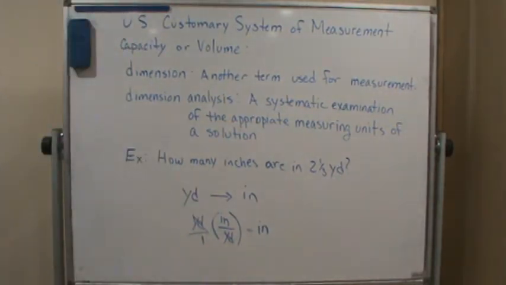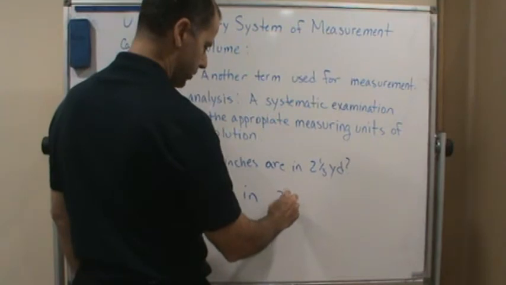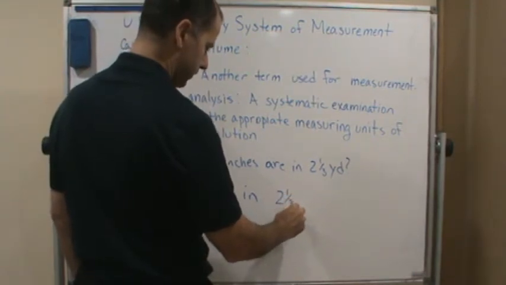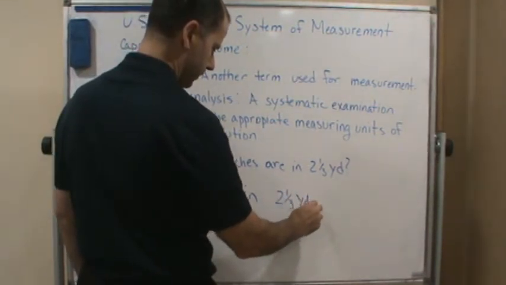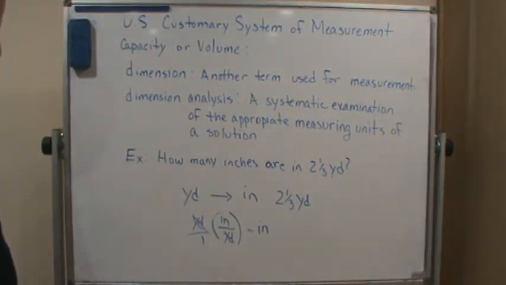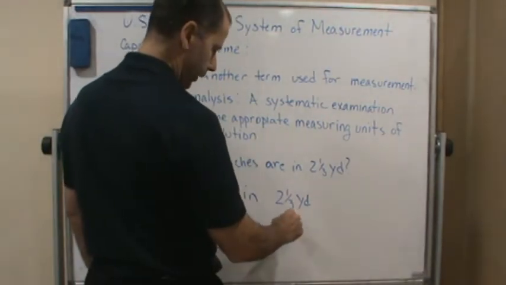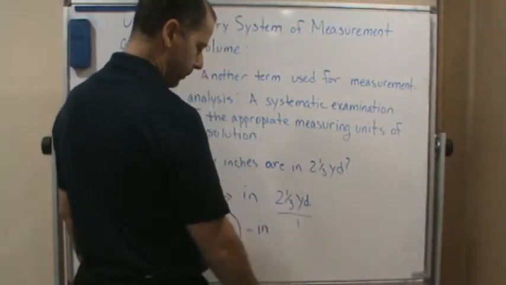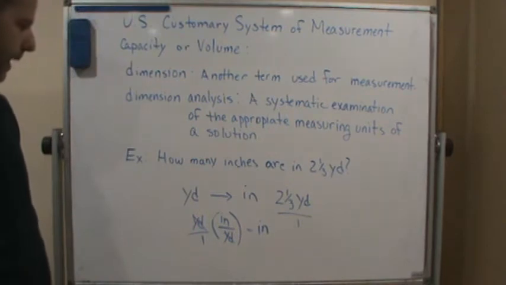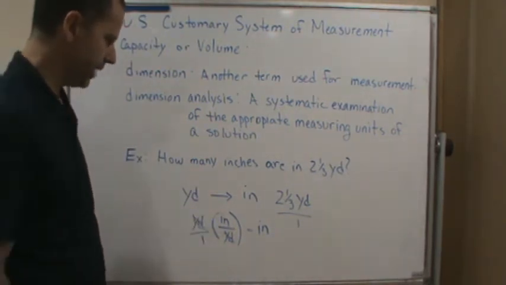And if I do that, then I know I'm going to end up getting inches in my final answer. So I'm going to start with 2 1/3 yards over 1, and now I need something that relates inches and yards with inches on top.